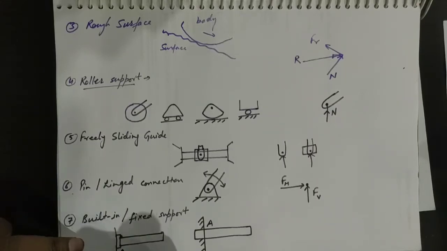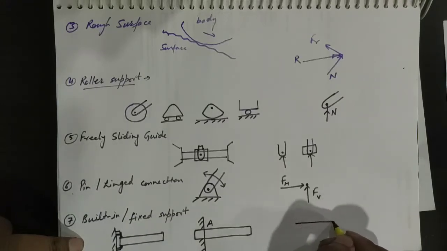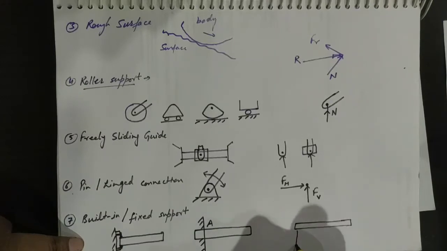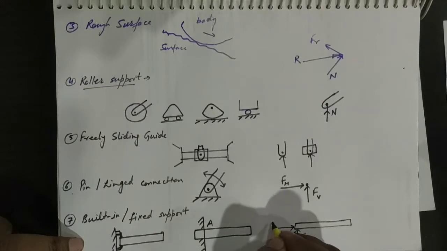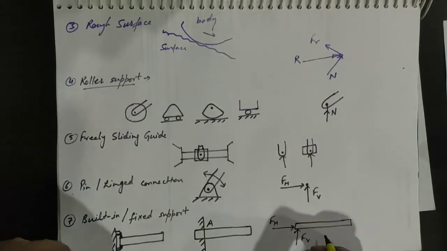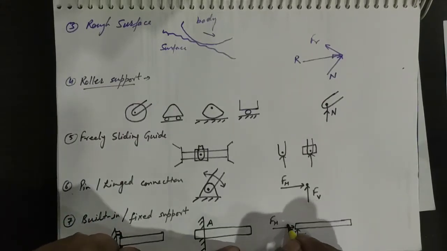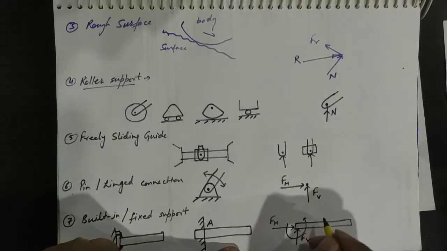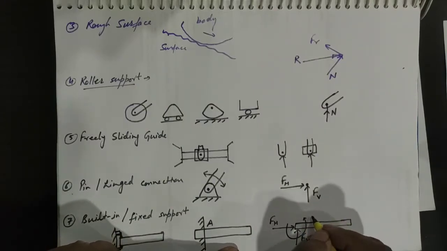This is by means of a plate, fixed on the wall, so it would have three kinds of force: horizontal force and vertical force, and the third one is a moment against the deflection.